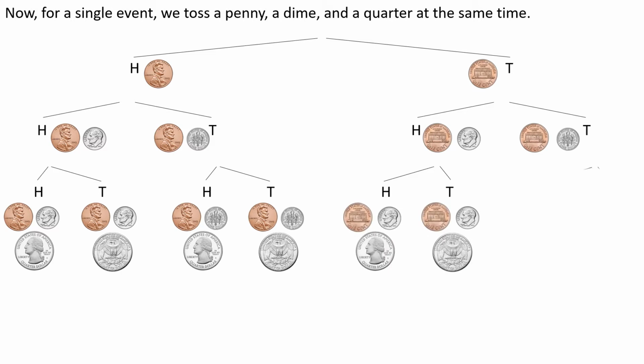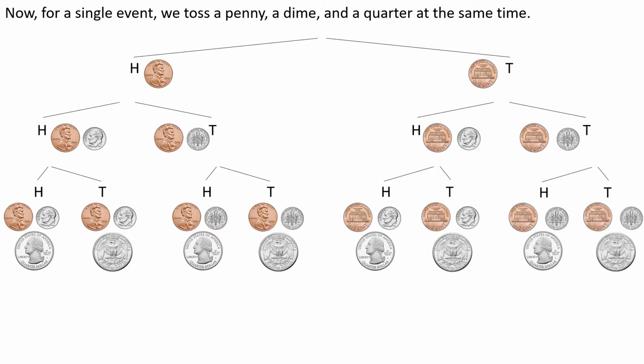And same thing with that last branch. So it actually looks like in the sample space, our size is 8, right? There's actually 8 different ends on the tree diagram.